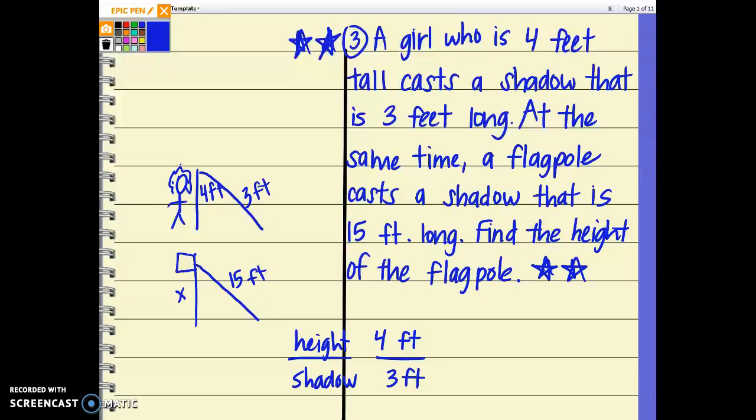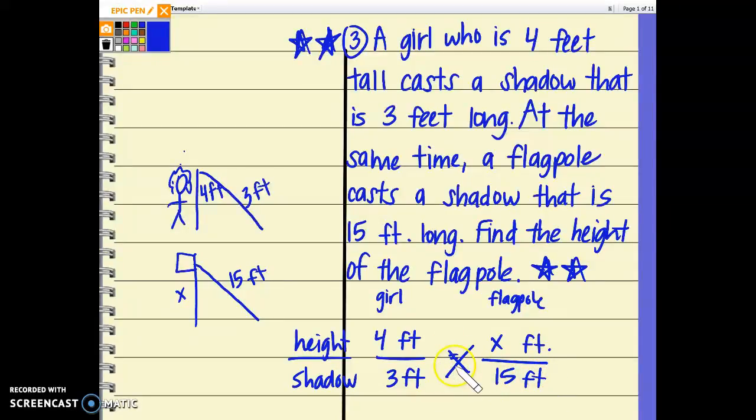And sometimes I even label like above it, girl, and we'll put flagpole on the other side. Alright, so we don't know the flagpole's height, so we'll put x feet there, because we're doing height over shadow, but we know the shadow was 15 feet long.